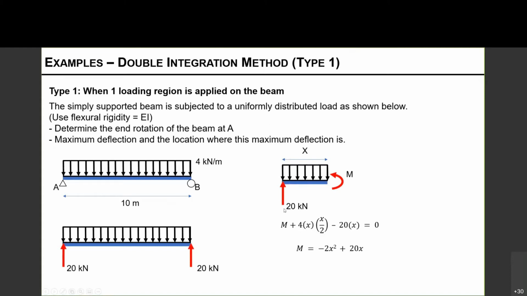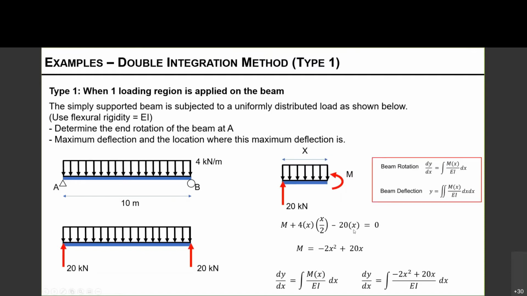And then because of this reaction, we have another moment, which is 20 times X, that is a negative or clockwise moment, that equals 0. So the bending moment variation across the span AB can be given as M equals negative 2X squared plus 20X, okay?